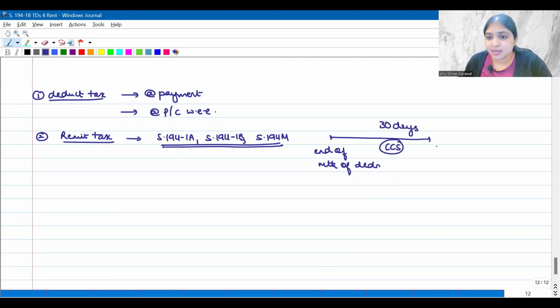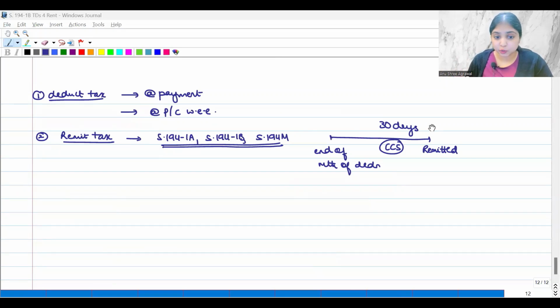So when we file the challan cum statement, we have remitted the tax also, right? Challan cum statement is a combination of 2 steps: paying the tax, remitting the tax, step number 1, and step number 2, filing the TDS return. So both are combined over here. So under these 3 sections, within 30 days from the end of the month of deduction, the tax was remitted to the government.